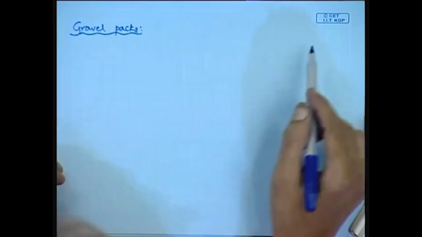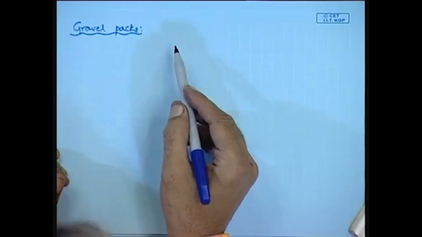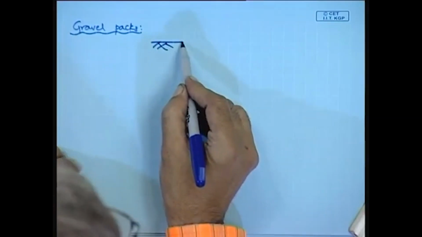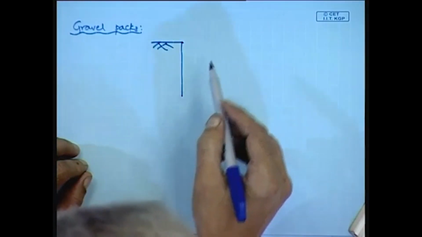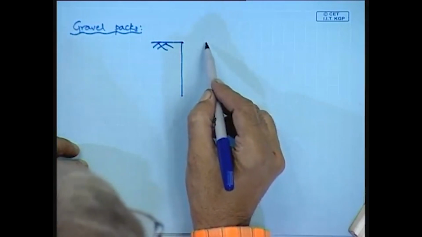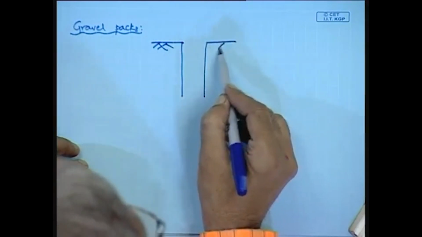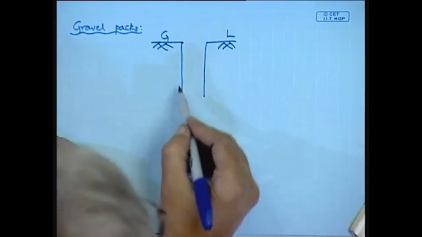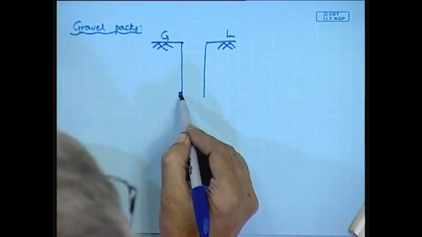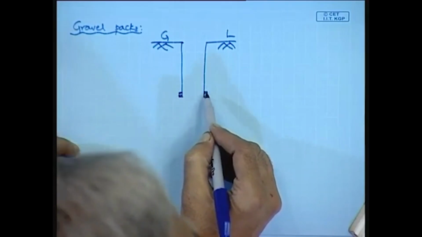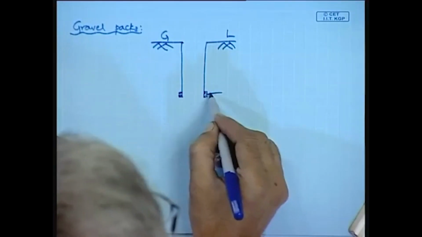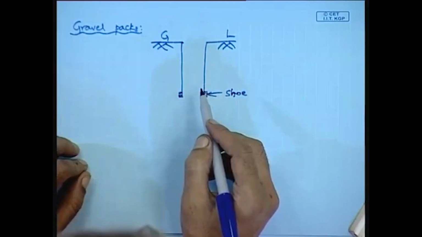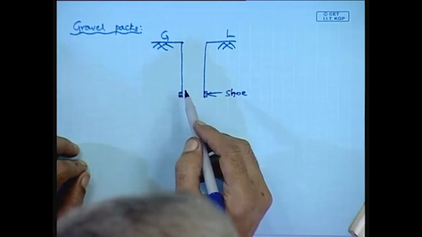Let me show you a typical one. Suppose this is the well, and here this is the ground level, and here this is the well shoe. This is the shoe, just like our shoe which protects us.